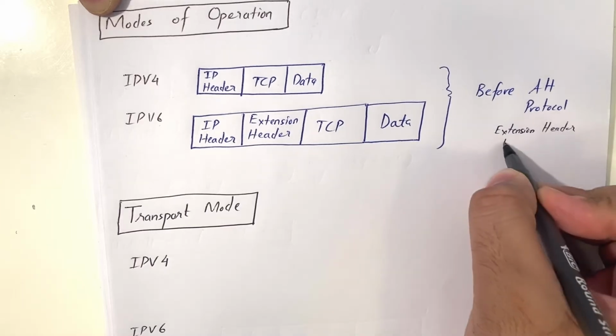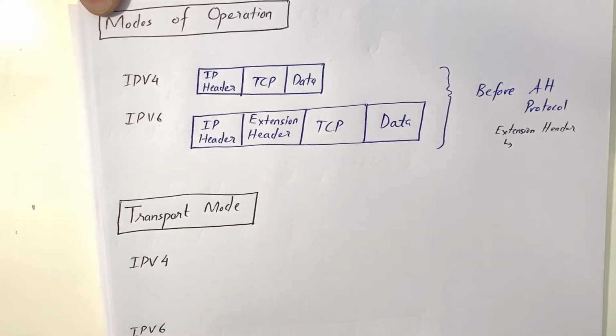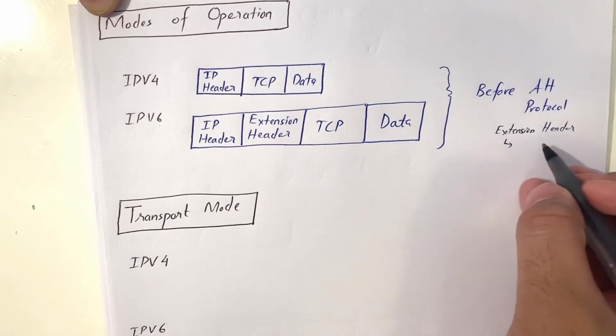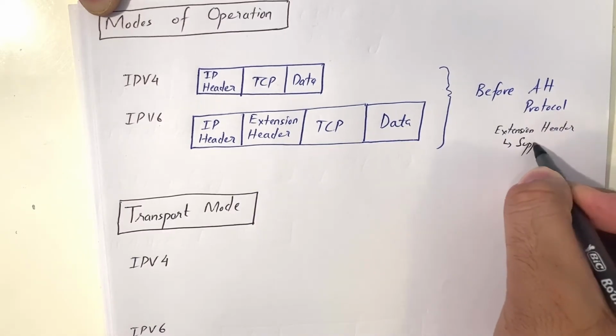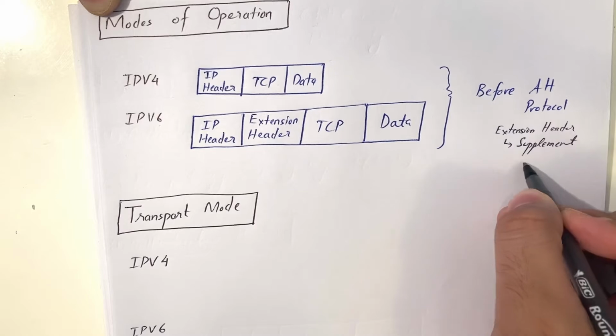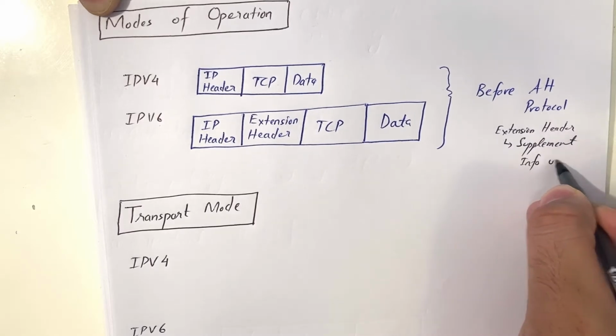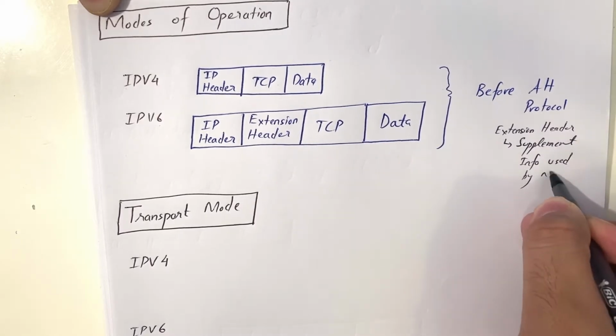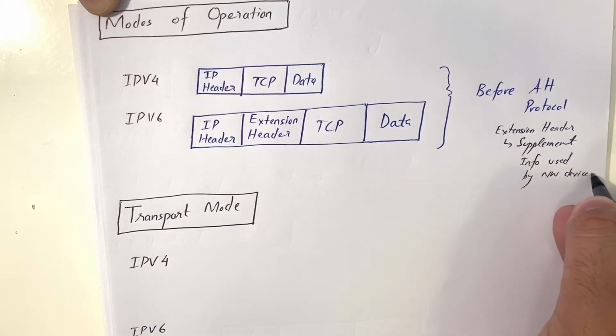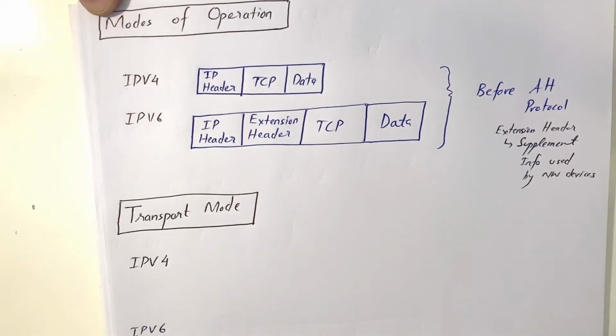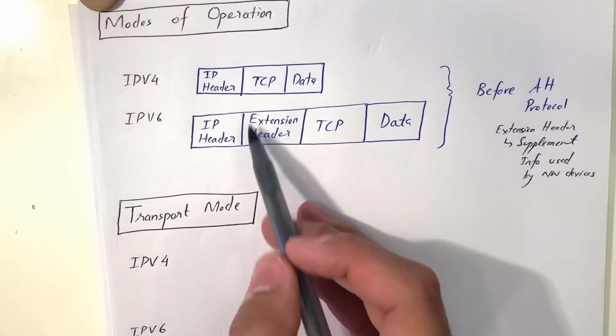The extension header has supplementary information used by network devices like routers, switches, and endpoint hosts, such as the routing protocol, routing algorithm, routing map, and stuff like that. That information is stored inside the extension header, and this header is not present in IPv4.